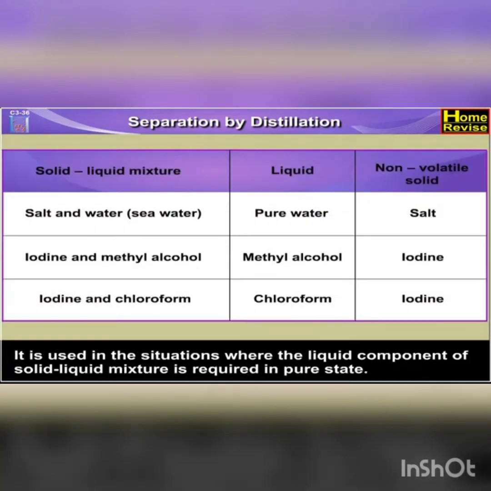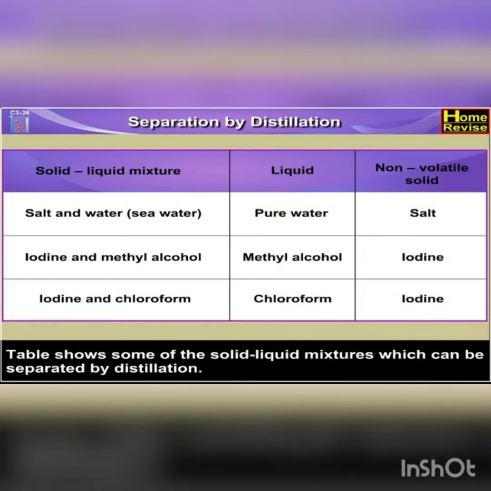It is used in situations where the liquid component of a solid-liquid mixture is required in pure state. The table shows some of the solid-liquid mixtures which can be separated by distillation.